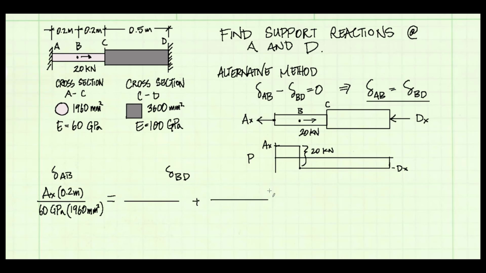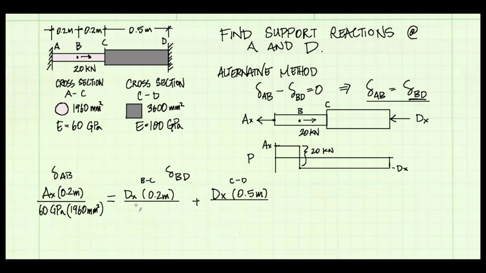One from B to C, and the other one from C to D. So in both terms, the internal force, and I'm just looking at magnitude here, the internal force is dx, so I'll put dx in both of them. The length from B to C is 0.2 meters, and from C to D is 0.5 meters.